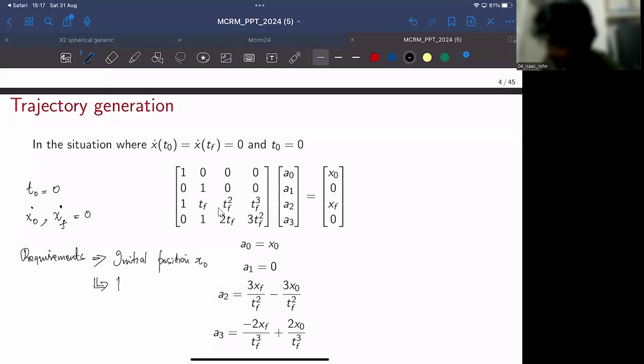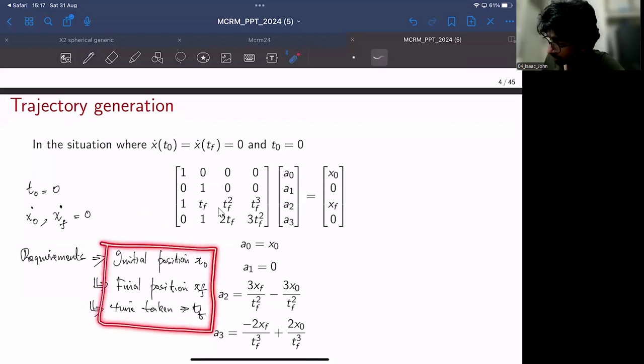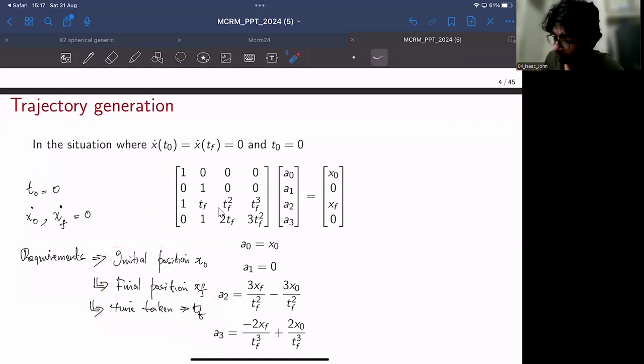Our final position would be xf. And the time to reach from initial to the final position would be specified as tf. If these are our requirements, we always consider our initial and final velocities to be 0 because the robot or the joint basically moves from zero velocity, and when it reaches its final position, it will also stop moving with 0 velocities.